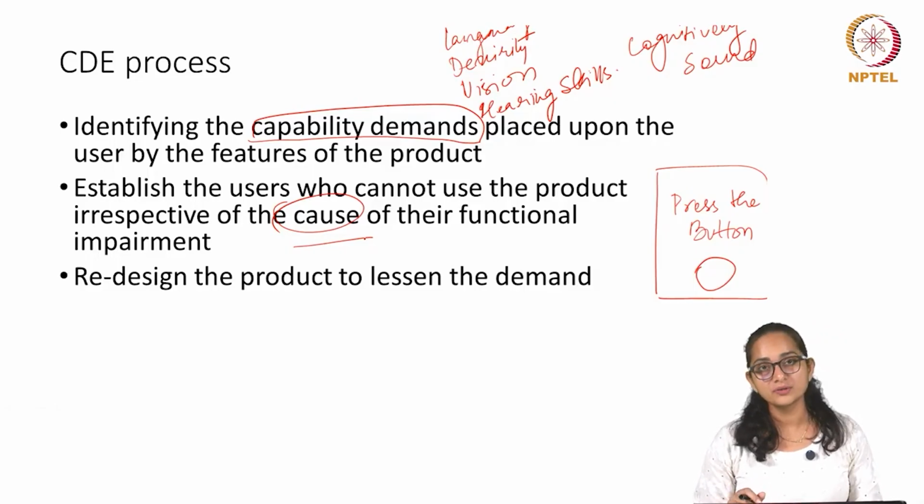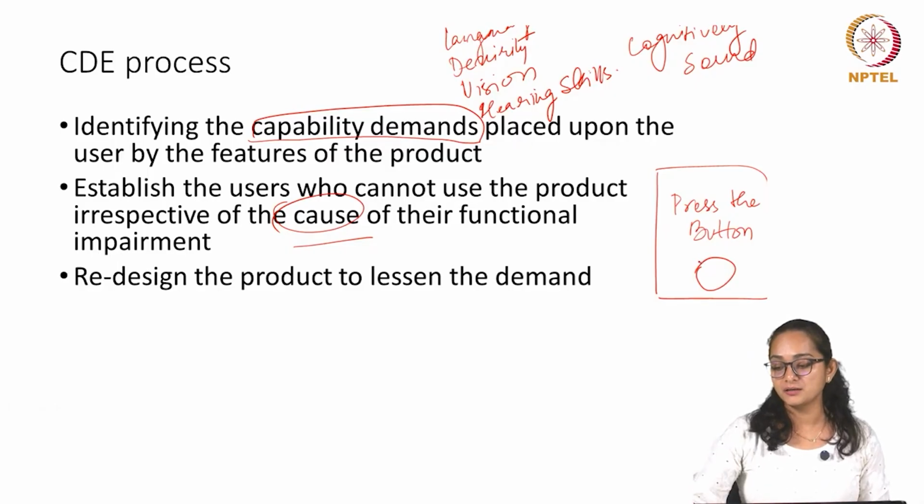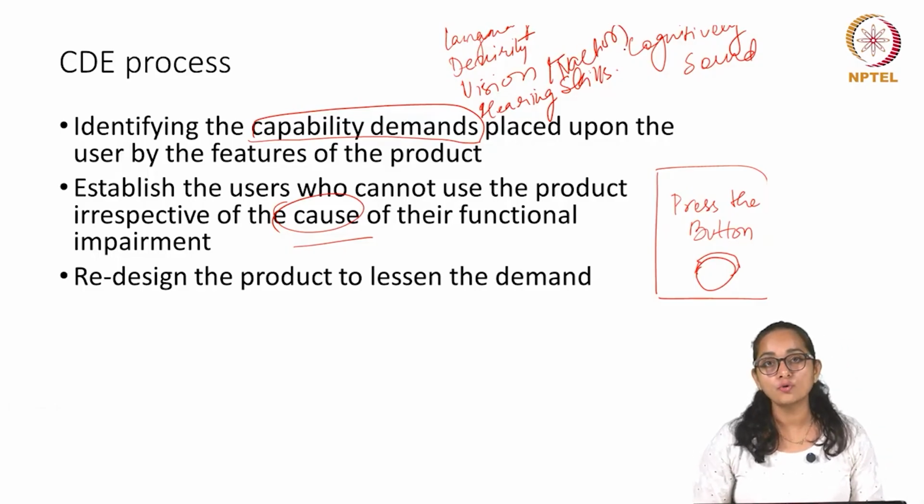So if I am assuming that visually the person is able to locate the button, if I can extrude it in some way so that there is also tactual feedback, then I am opening it to tactile also. If there is some audio cue, if there is some LED lighting around it, so even if it is pitch dark, my user can locate the button and press it.